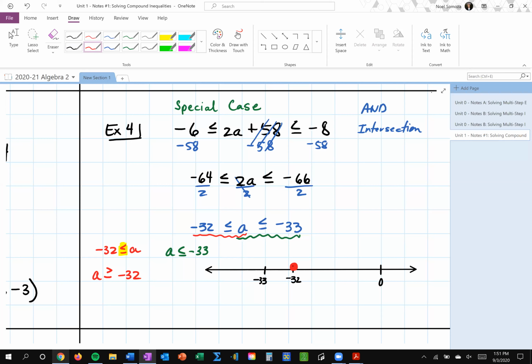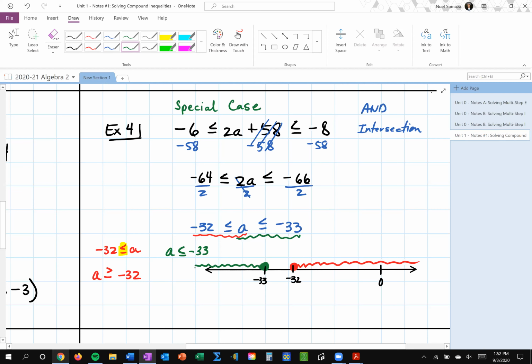Let's go right. We want a greater, and numbers are greater to the right. Now the next one: a is less than or equal to negative 33. I have a closed circle here, and then we want to go left. Yes, to the left.